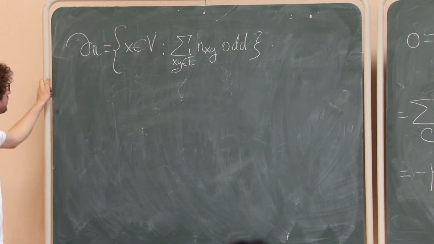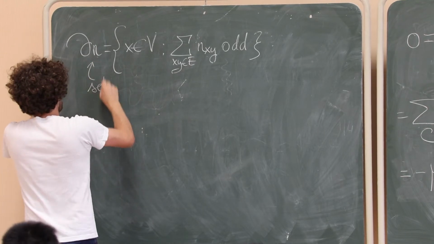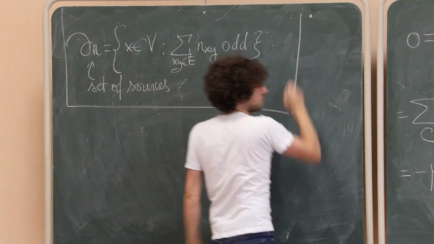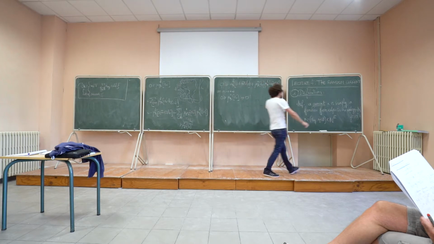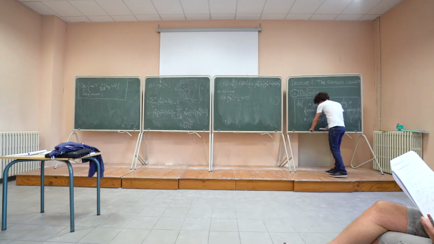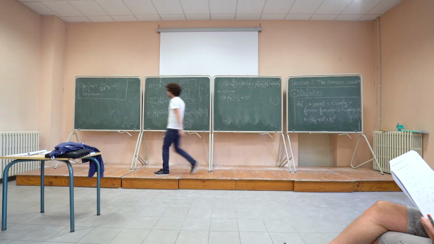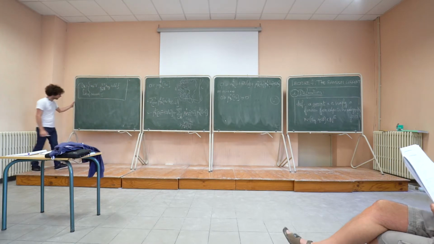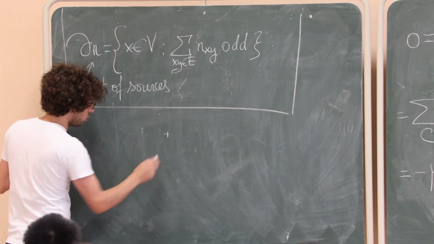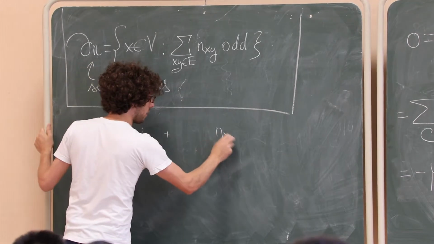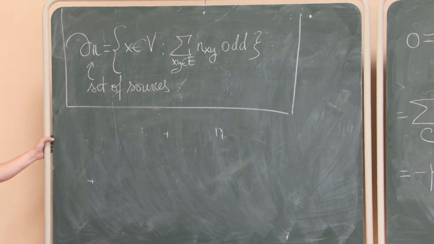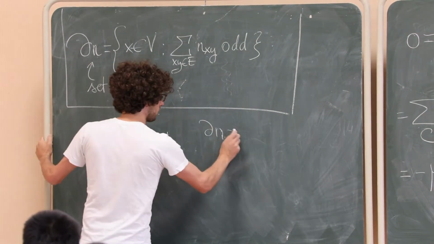Okay? So this is called the set of sources. So you can think of your current n_xy, n, as the occupation time of a family of loops. Let's say you take a sourceless current.